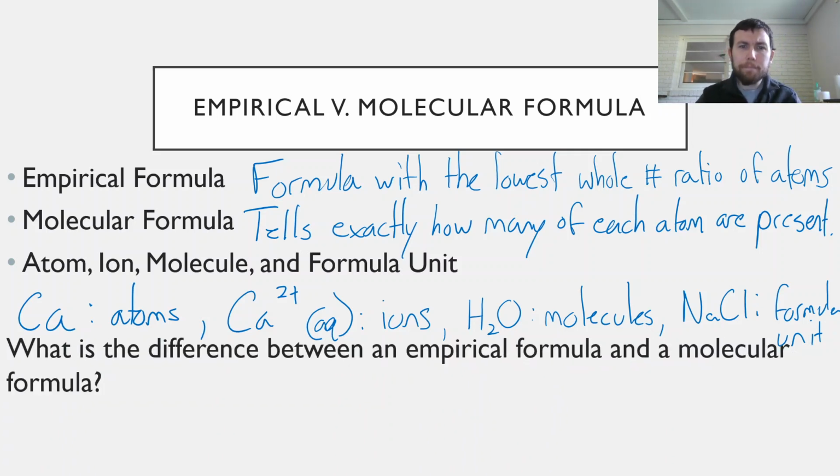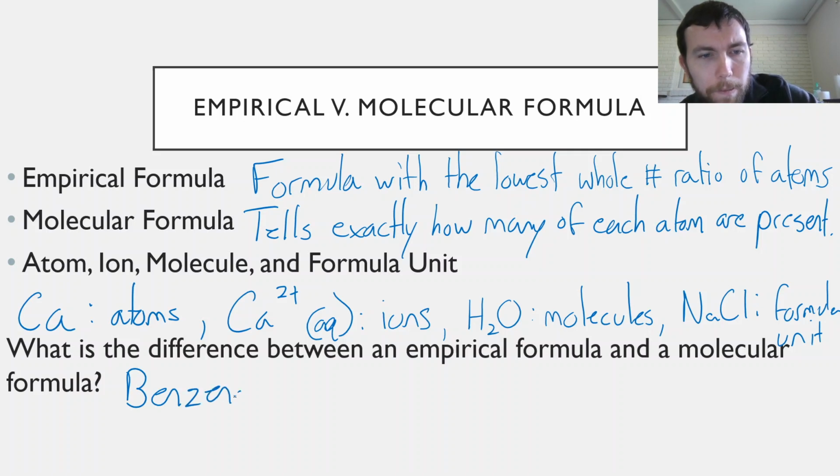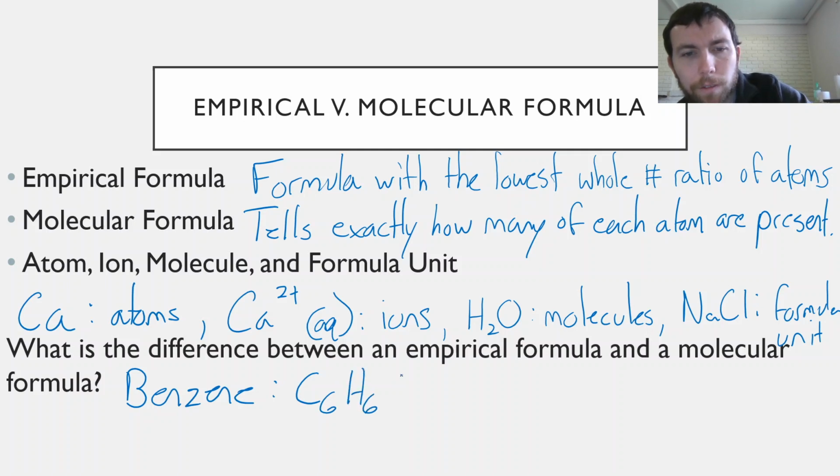Now, what is the difference between an empirical formula and a molecular formula? Well, like we said, a molecular formula tells you exactly how many of each atom are present. An empirical formula does not. It gives you the lowest whole number ratio. So I want us to think about benzene, for example. It's an organic compound. Its molecular formula is C6H6.